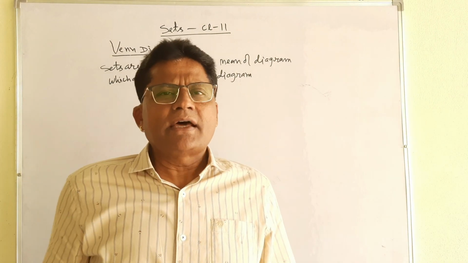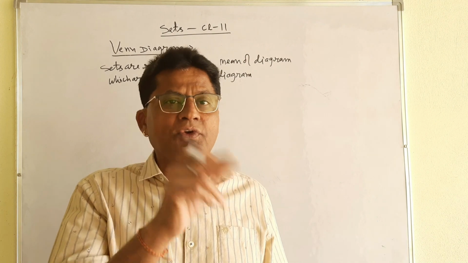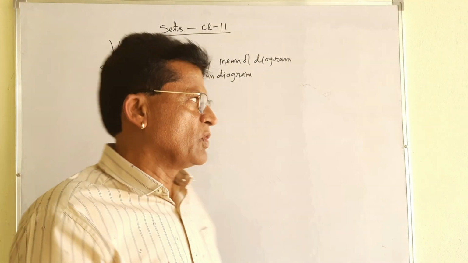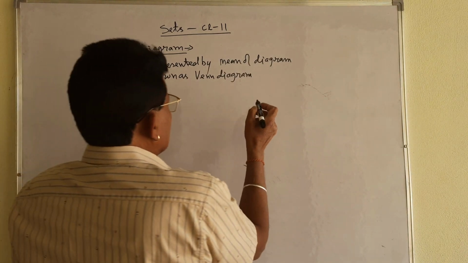Let me start the Venn diagram. After that I will take some properties depending on the universal set as well as the Venn diagram. Let me draw it.